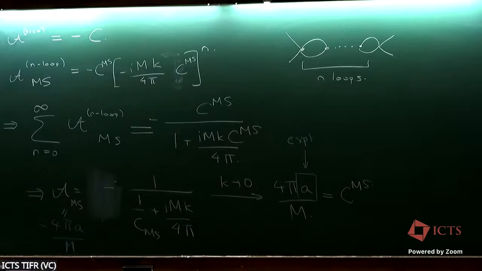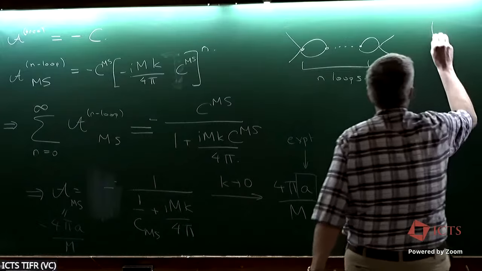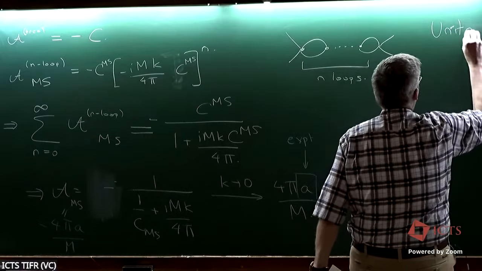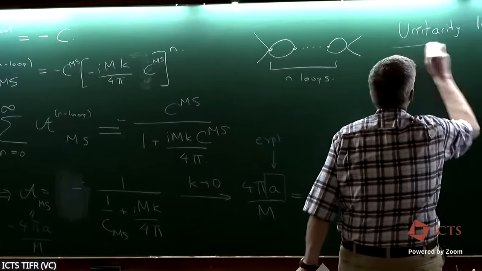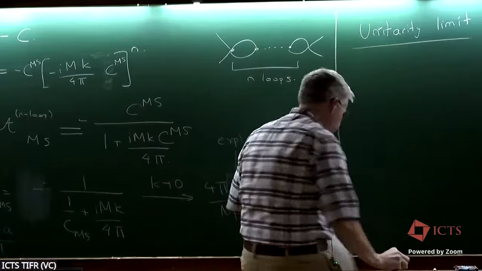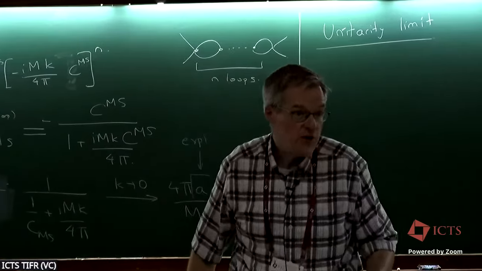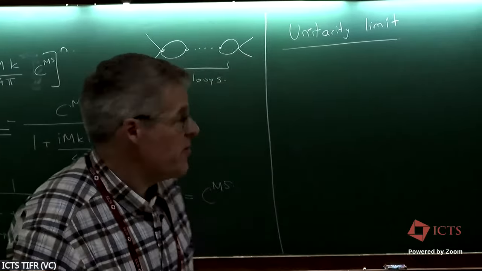All right, so that's where we got up to before lunch. So now I'm going to make a few remarks about what happens if a goes to infinity. Professor Kaplan mentioned this as an interesting limit of this theory.